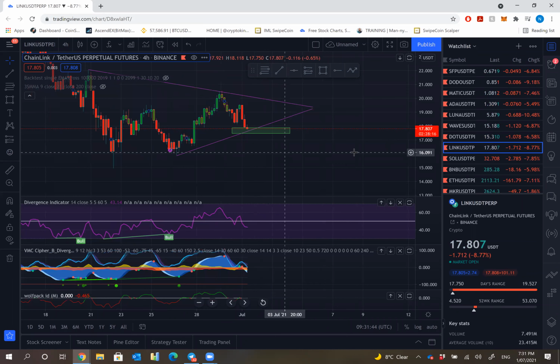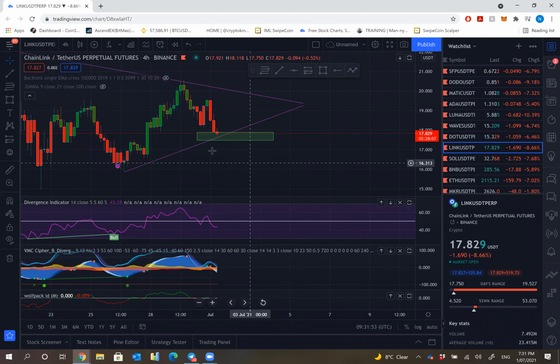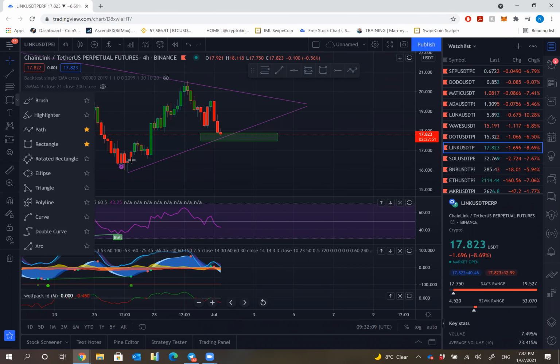Once you have that zone, for example, right here, Chainlink has entered it. Most people say, okay, that's a support zone, it's going to bounce back. But you need confirmation, because you want to make sure money is actually coming back into the coin for it to bounce up.